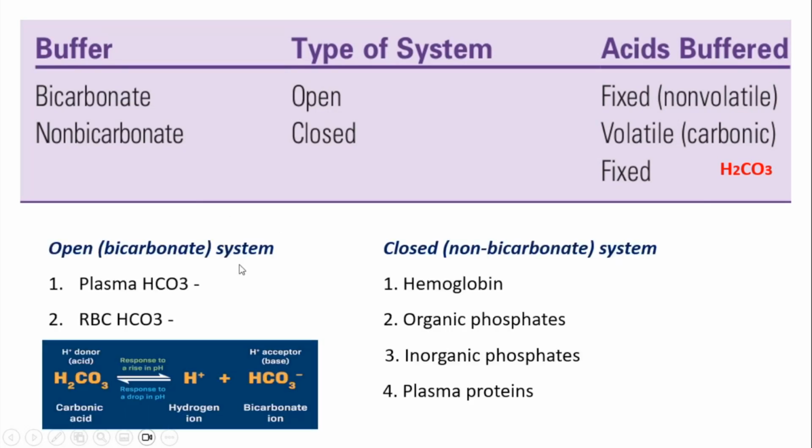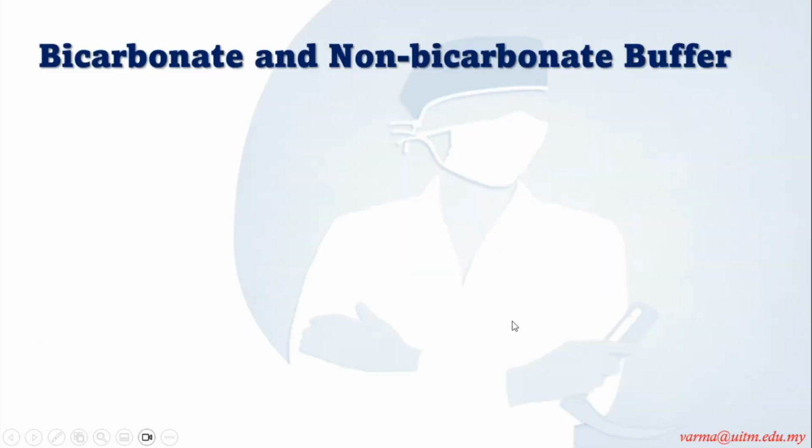So the practical classification of the open bicarbonate system is either plasma bicarb or RBC bicarb. The bicarbonate system can be present outside the RBC or in the RBC. Whereas for the closed non-bicarbonate system, we are talking about hemoglobin. Hemoglobin has buffering capacity using the bicarb system and also the non-bicarb system, organic or inorganic phosphate, and we have plasma proteins as well.